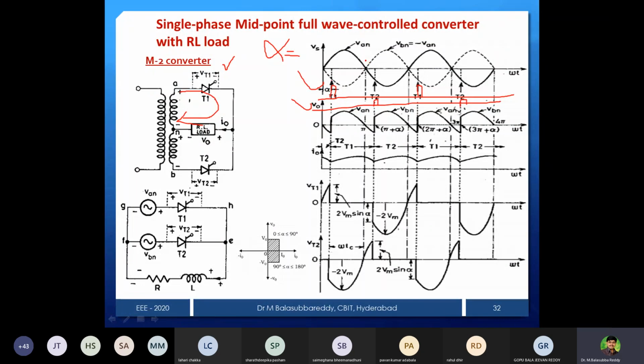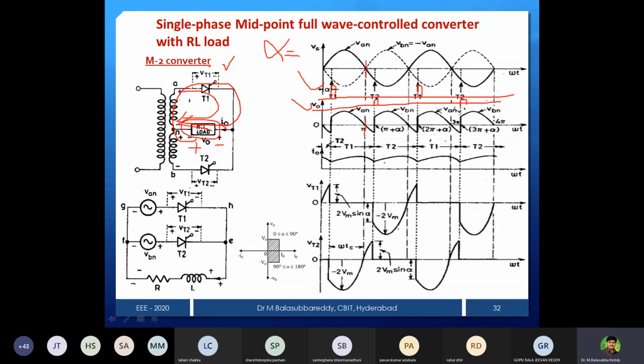Once it reaches pi, the supply voltage is 0 and load voltage is also 0, but current is not 0, because some energy is stored in the inductor. The polarity reverses, now minus and plus. The inductor dissipates through the transformer, then thyristor, then R and back to L. The same loop is repeated.